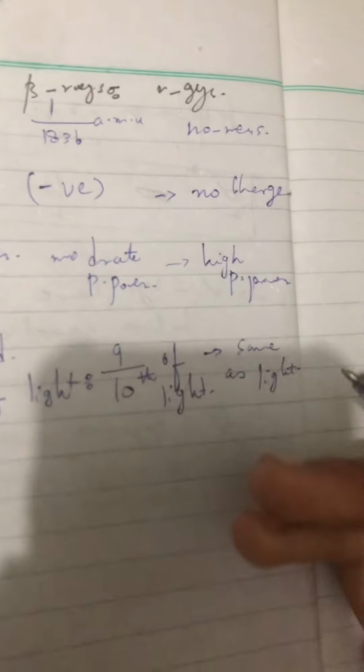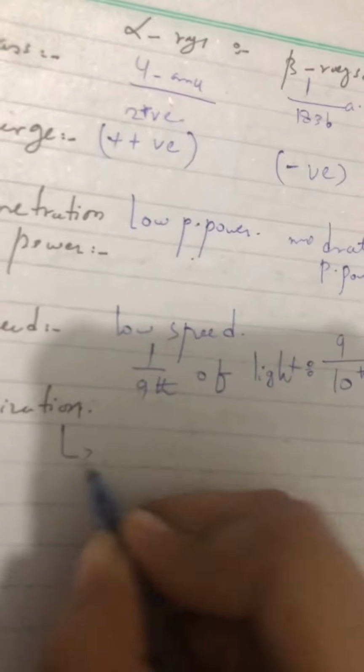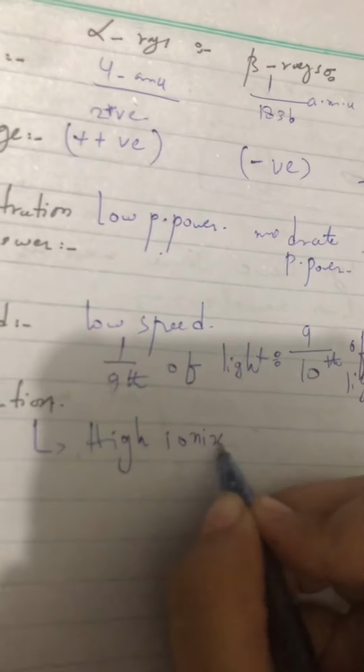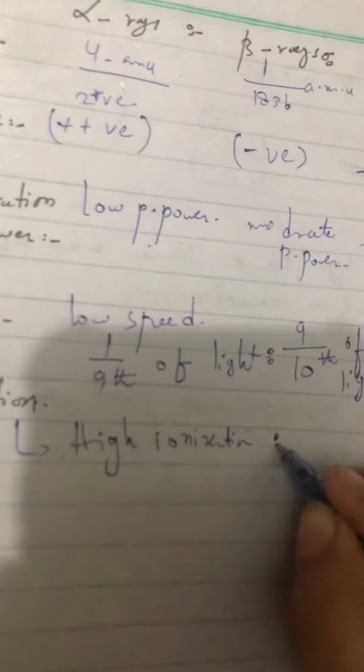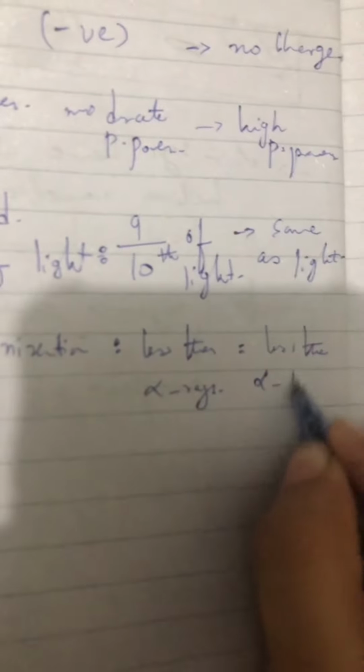After that, ionization. Alpha has high ionization power, beta has less ionization power than alpha, and gamma has less than alpha and beta both.